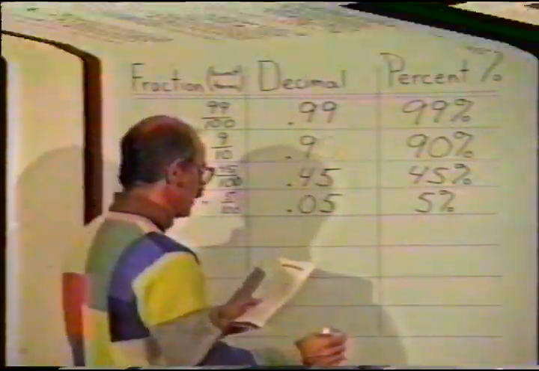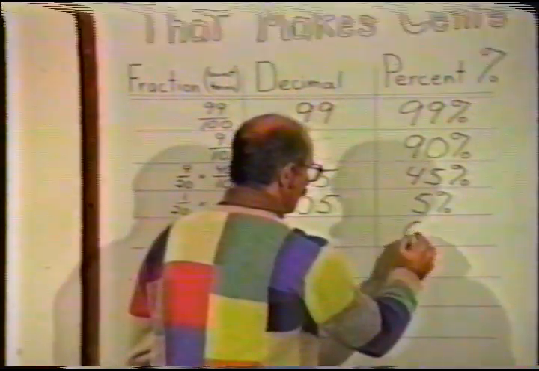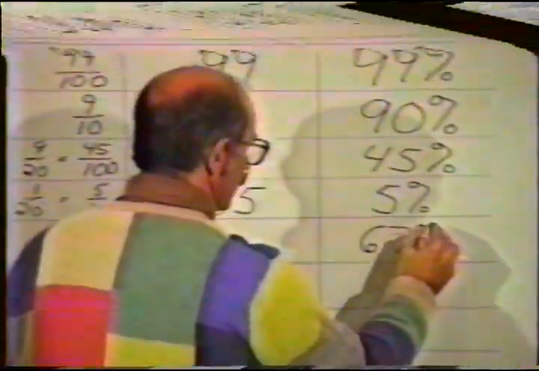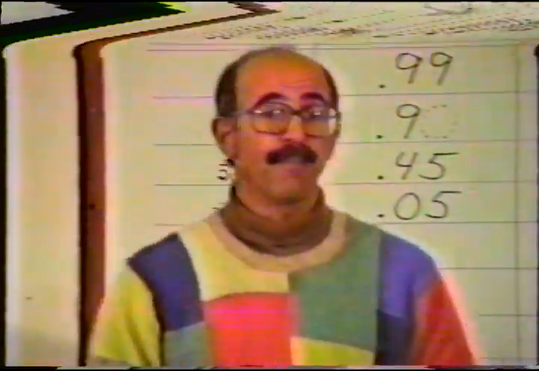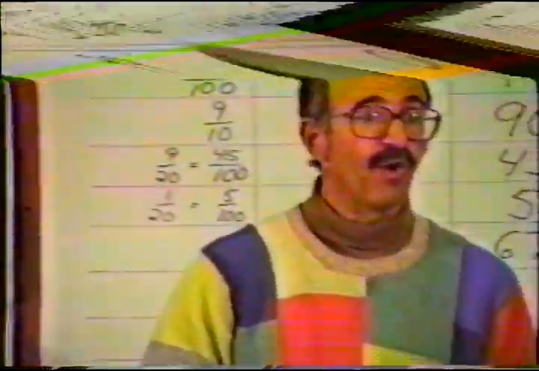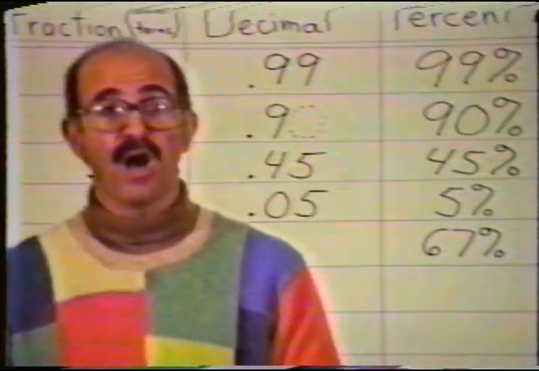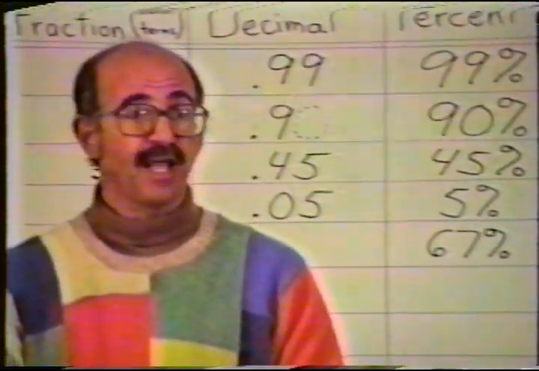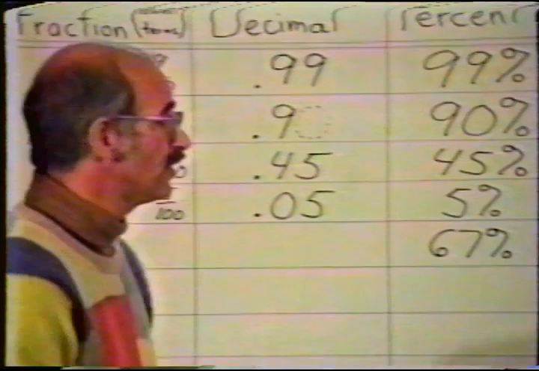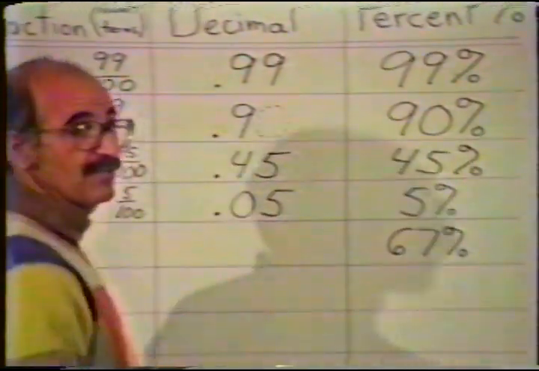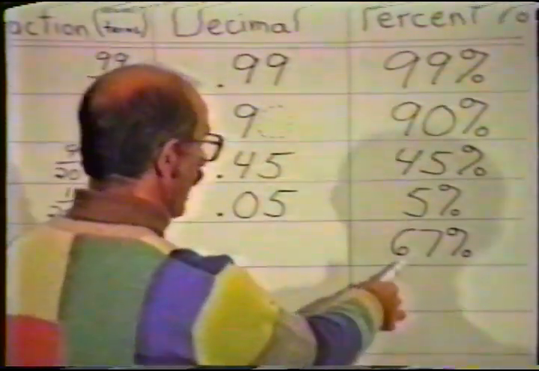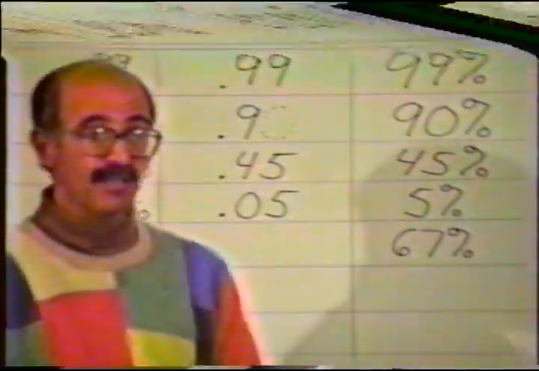This time we'll start with a percent. In order to change a percent back into a decimal, we have to take off the percent sign and move the decimal point 2 places to the left. Now, I don't see any decimal point there.